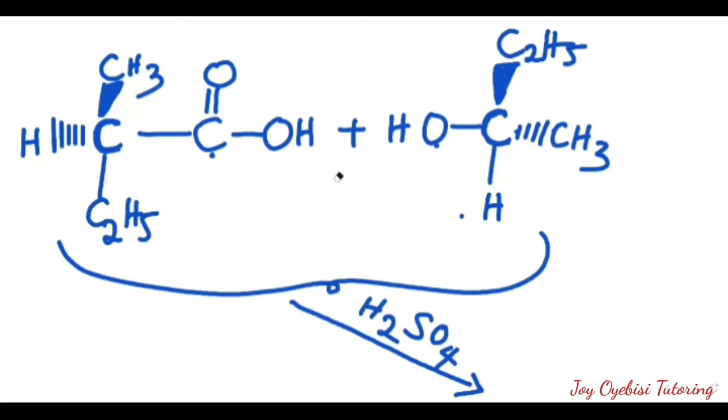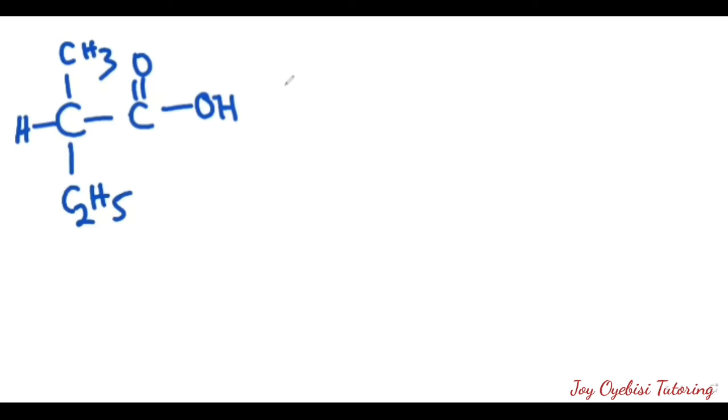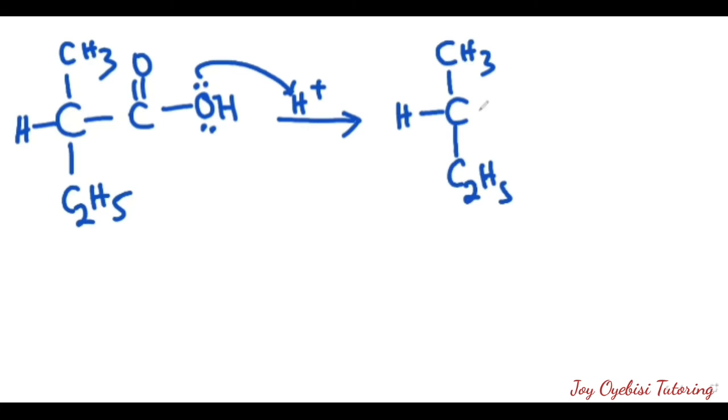The first thing we do is protonate the oxygen using the acid, which I'm going to represent here as H+. There's a lone pair on this oxygen, which is going to pick up the hydrogen, so that's how the arrow will go. We're going to have this as the product of this step, with O, H, and the hydrogen attached here.